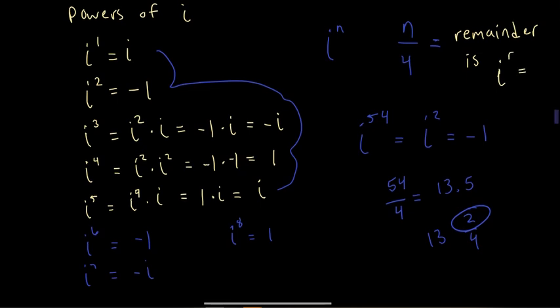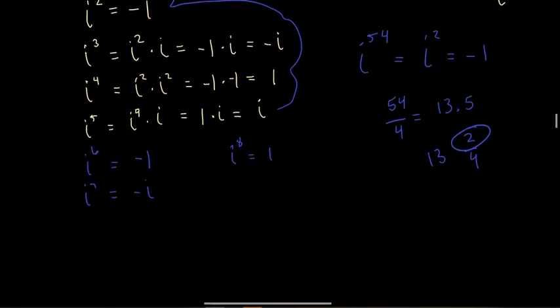Let's try another one. Let's say I want to do i raised to the 73rd power. I'm going to take 73 and divide it by 4 and see what kind of remainder there is.